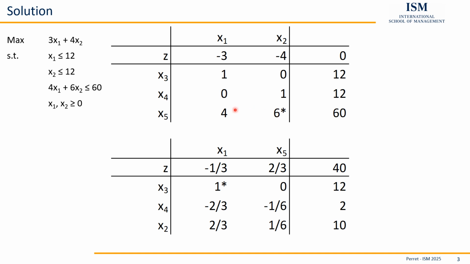Because whenever I see that in my pivot column or pivot row, there's a 0, this will simplify things significantly. As it turns out, here in the pivot column, I have a 0. This means that all the values in the respective row will remain the same. So here I have 1, here I have 12, so I will just copy the 1 and the 12.